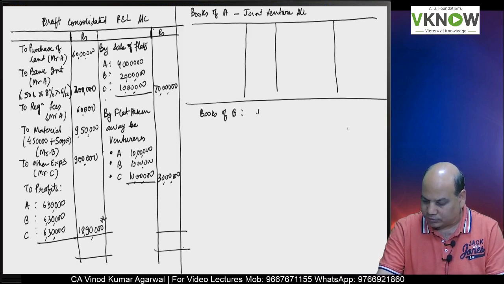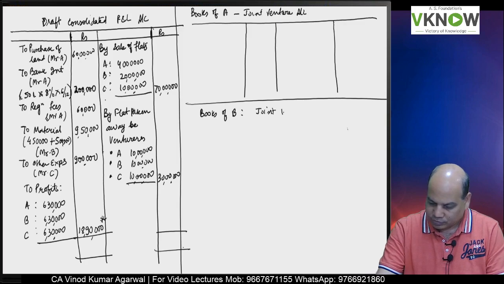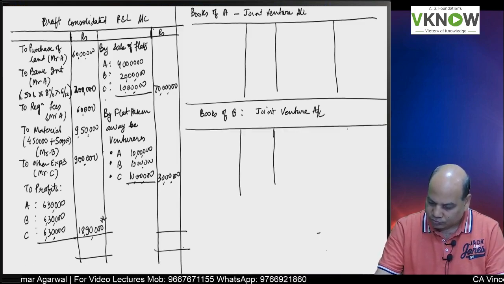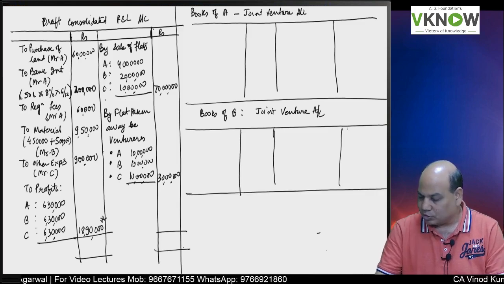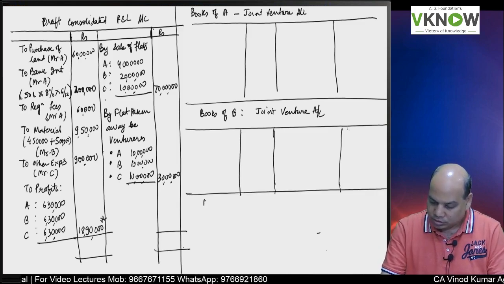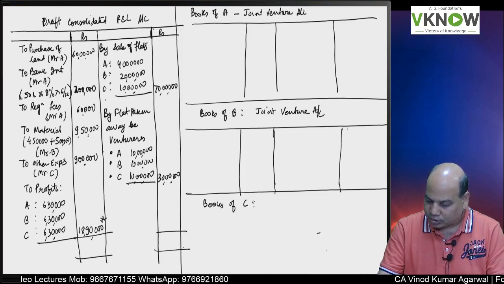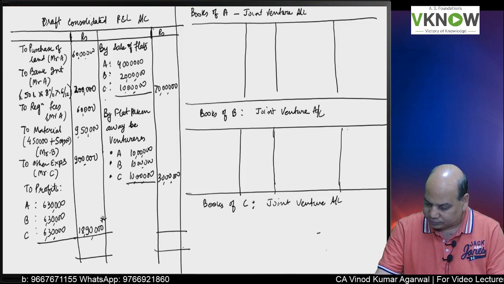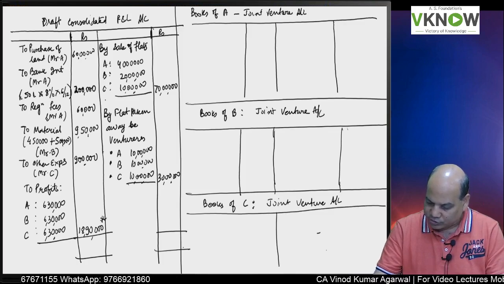Books of B, joint venture account. So you just have to record transactions relating to joint venture. You must have done this in your 12th standard classes or foundation course. Any other presentation is okay as long as your answer is correct. Joint venture account in the books of C.